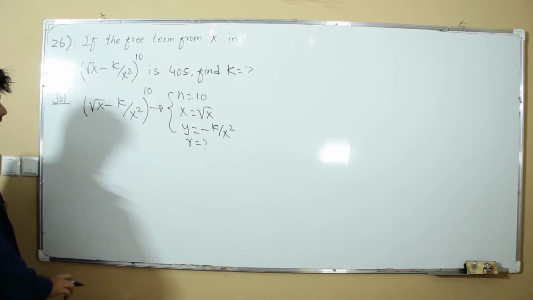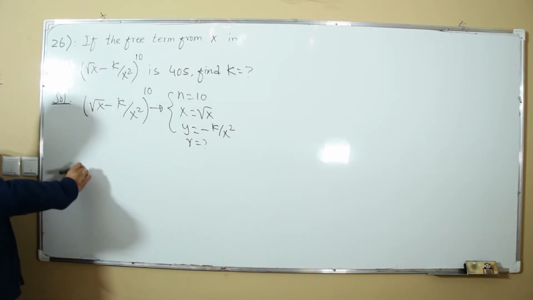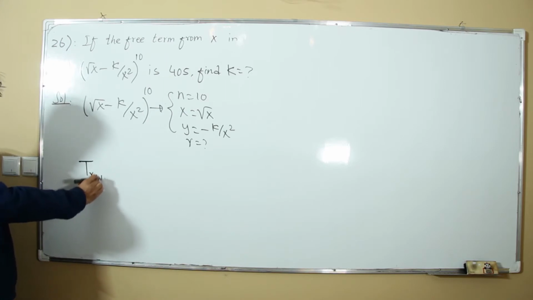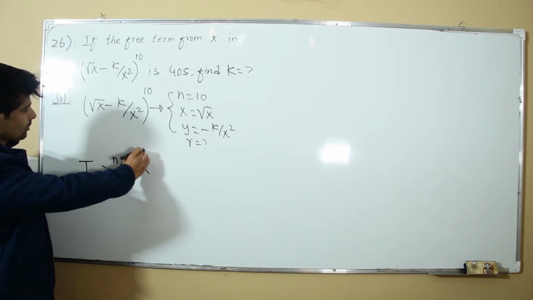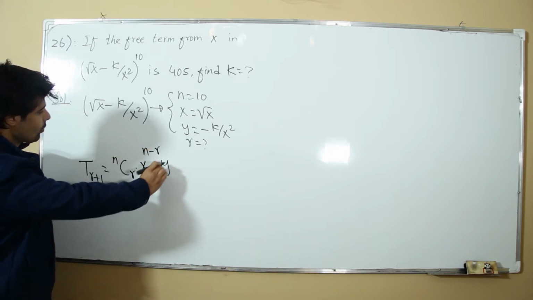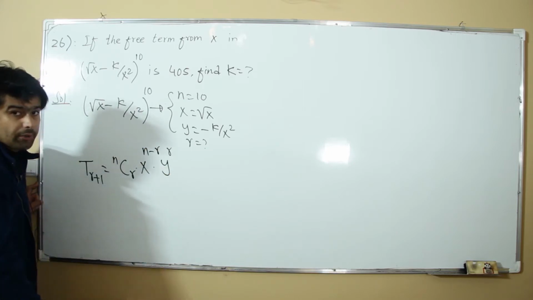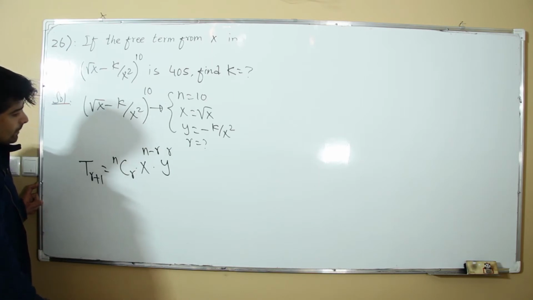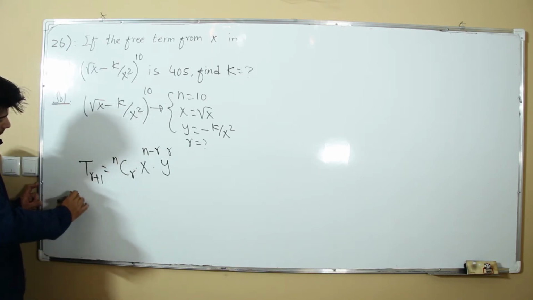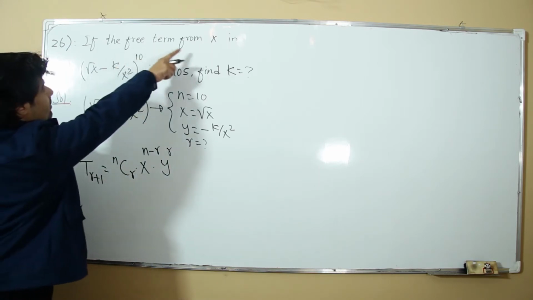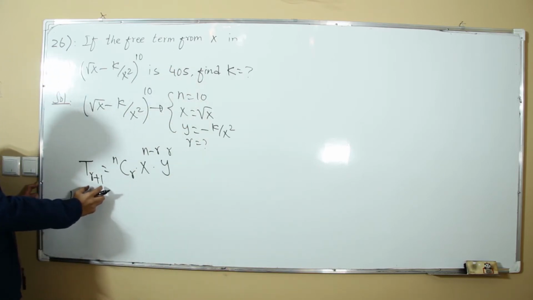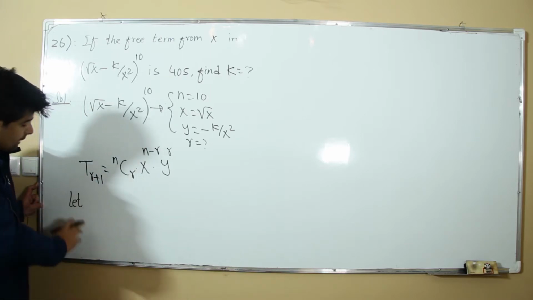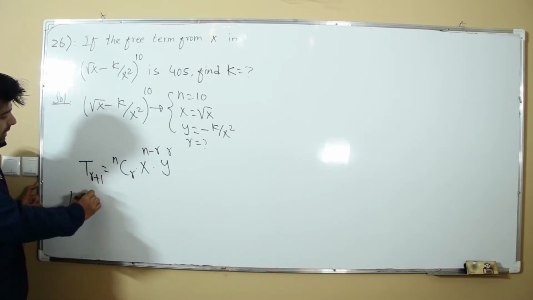By the way, we just know one thing, and that is t(r plus 1), which is nCr x to the power n minus r y raised to the power r. Now, let the free term from x occur in t(r plus 1).